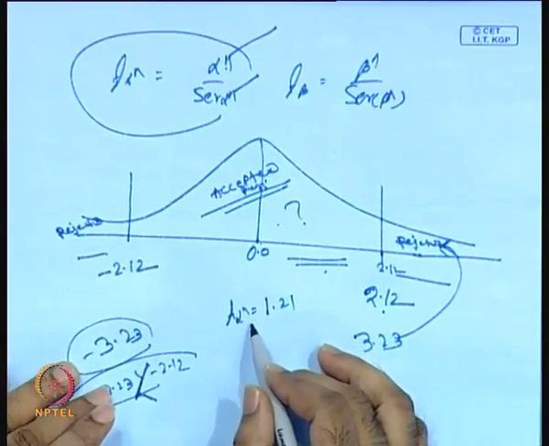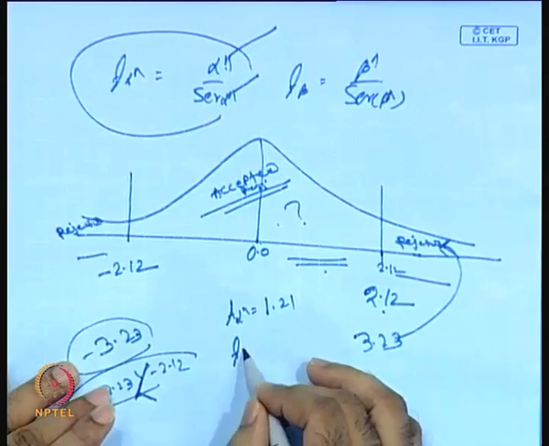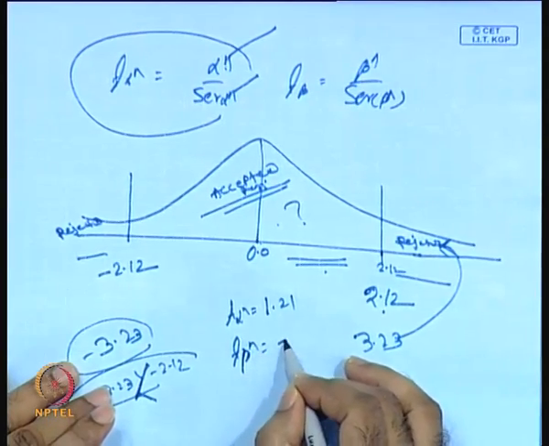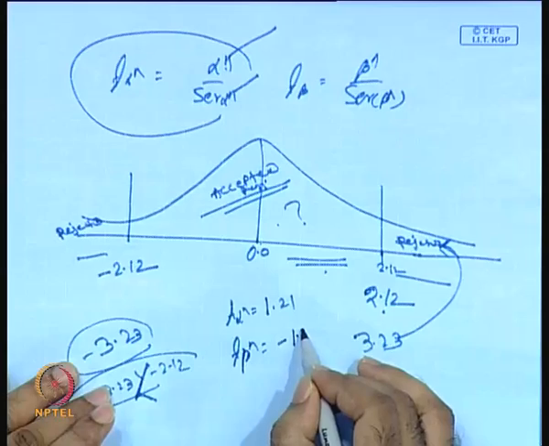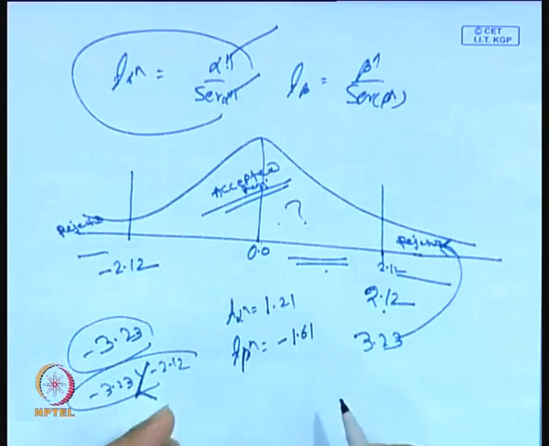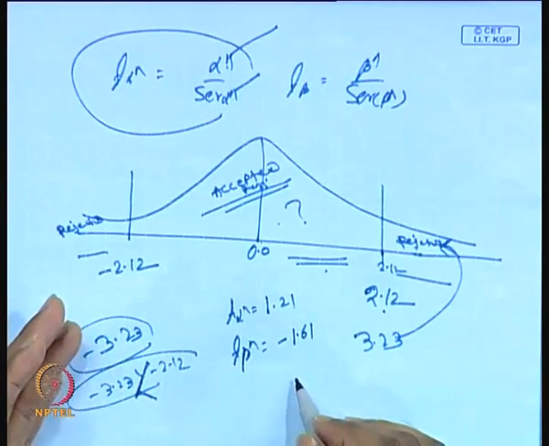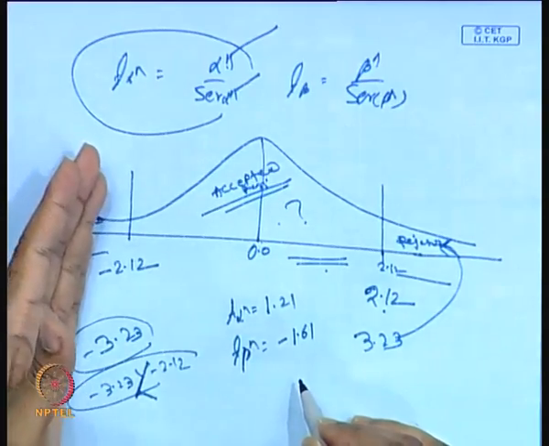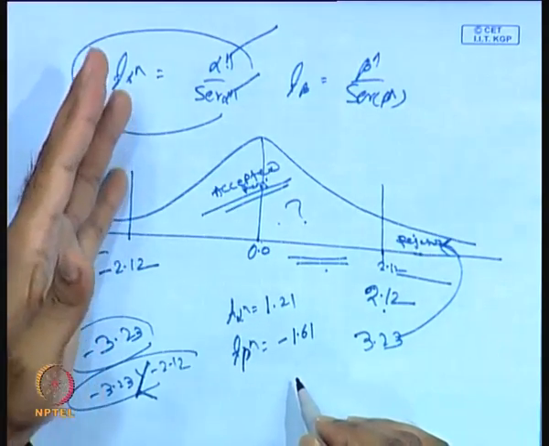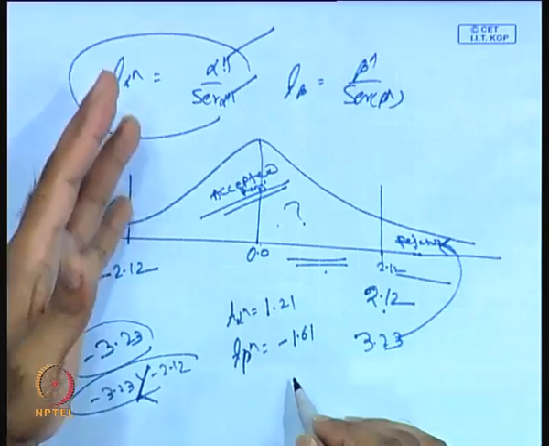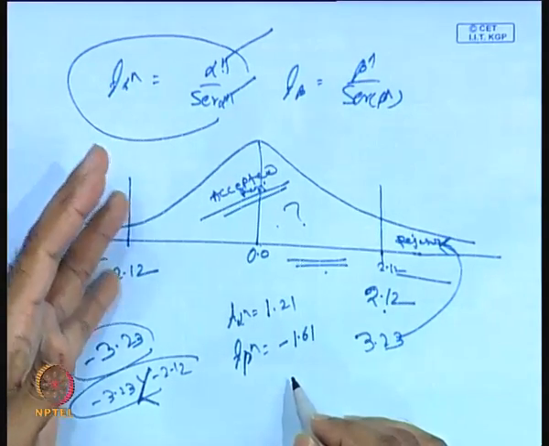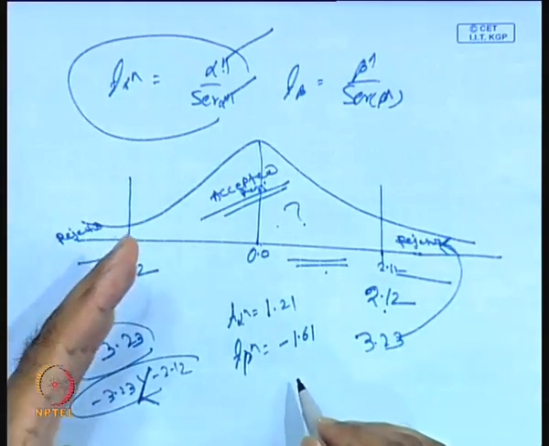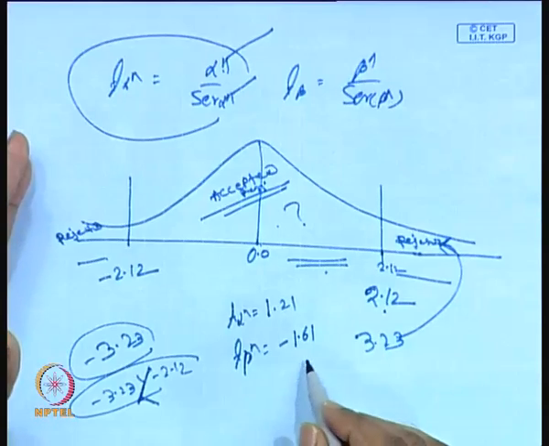Similarly, let us assume that we get t alpha hat or t beta hat equal to minus 1.61. Minus 1.61 comes on the left side, and the boundary is minus 2.12, so it will not cross it.